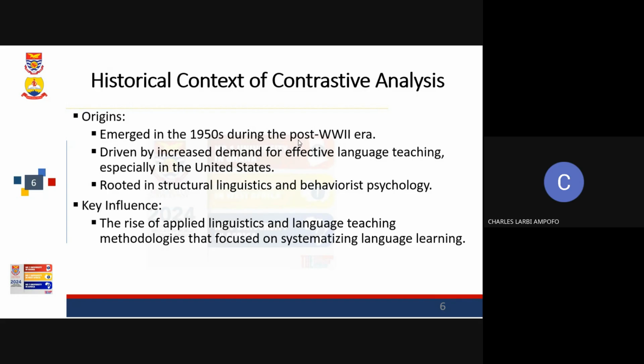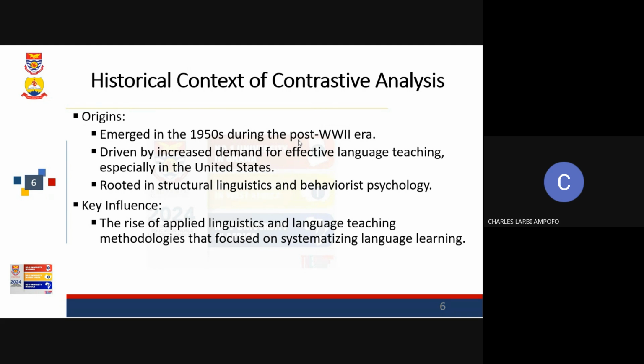The reason given here is there was an increase in the demand. So it became necessary for people that language teaching should be effective. We needed a certain system to teach the language. And we said that the World War II era influenced this, because there were a lot of people who moved during the war. After the war, people were moving from one country to the other.